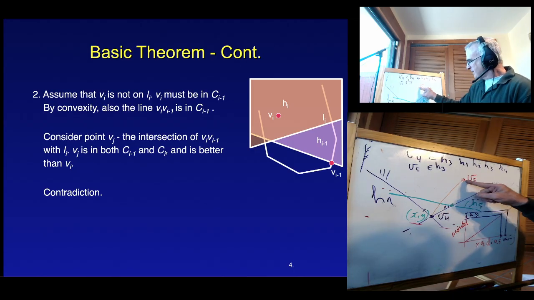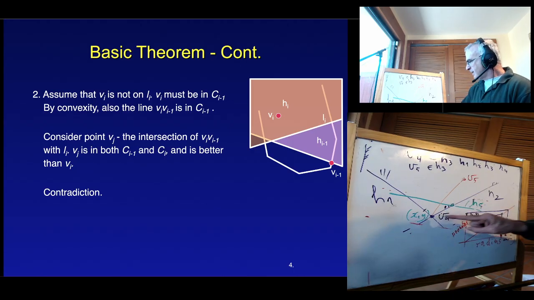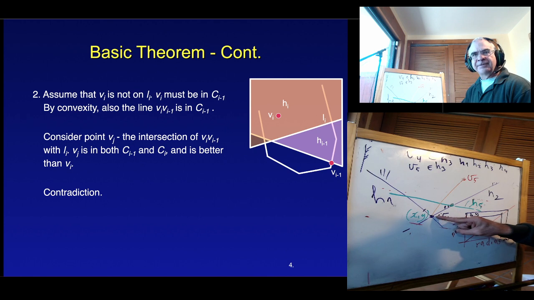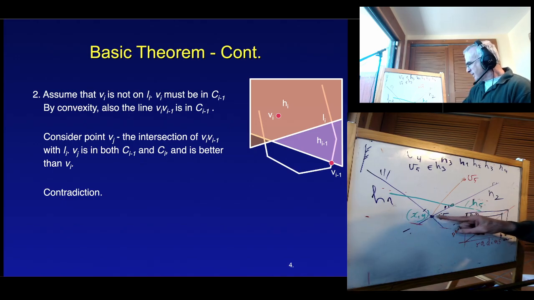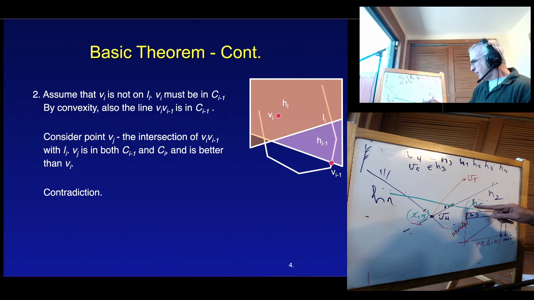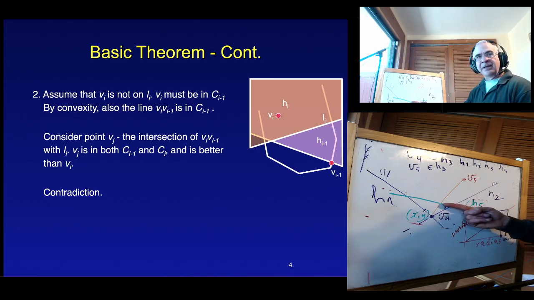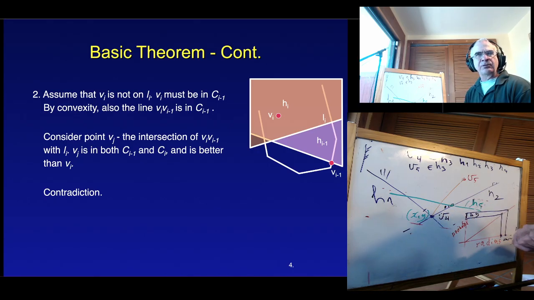However, this point is inside H5 for sure, and this point is outside H5 for sure, because we checked our function and we asked H5, are you contradicting V4? Can I keep using the same optimum? And H5 says no. V4 violates H5, meaning that as I'm walking along a segment, I will have to exit H5, and once I exit, I cannot go back again into H5, right? It's convex. It's a plane.